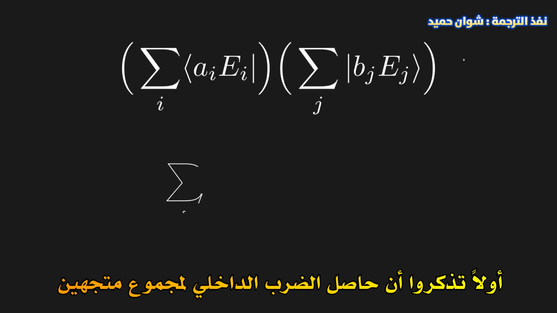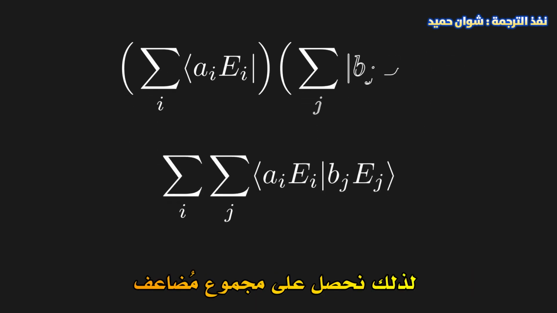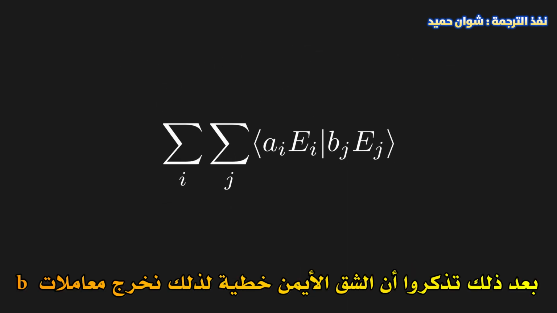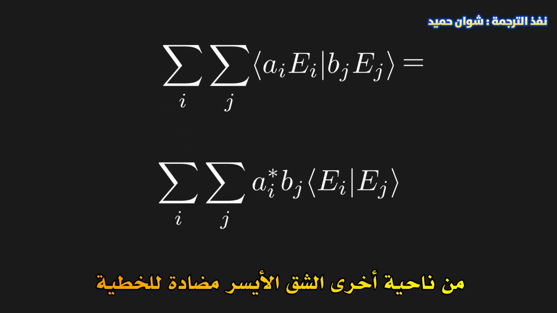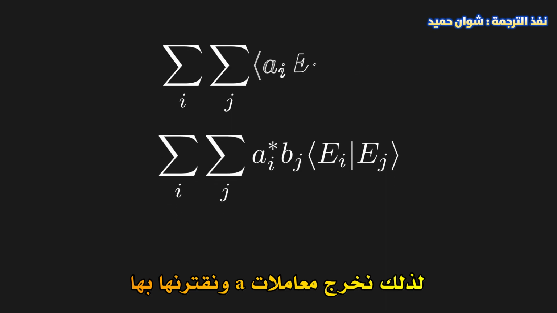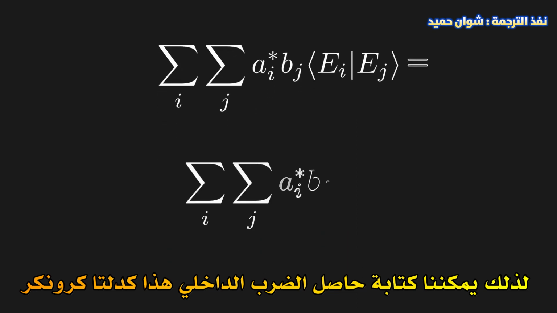First, remember that the inner product of a sum of vectors is the sum of the individual inner products. So we get a double sum. Next, remember that the right slot is linear, so we pull out the b coefficients. And on the other hand, the left slot is antilinear, so we pull out the a coefficients and conjugate. We assumed this was an orthonormal basis, so we can write this inner product as a Kronecker delta.